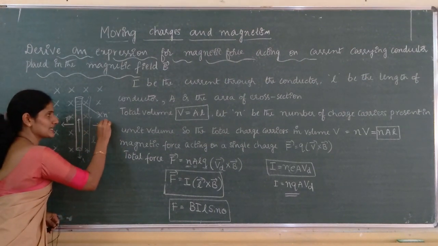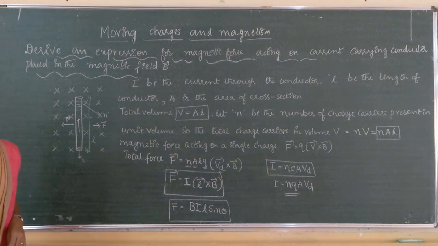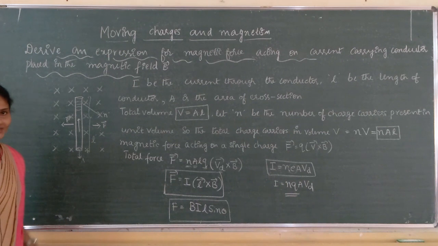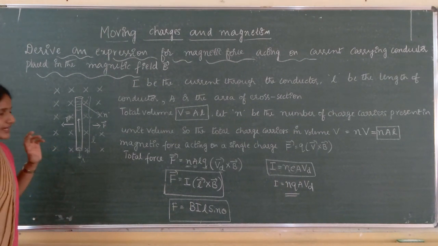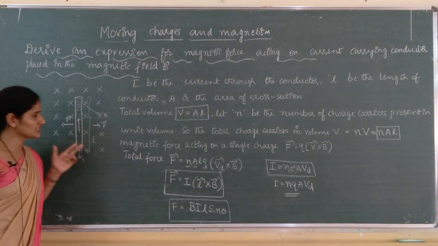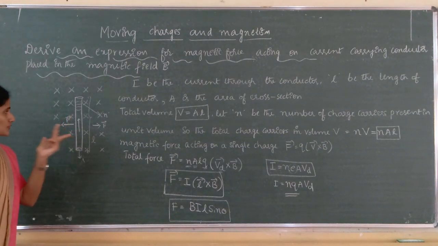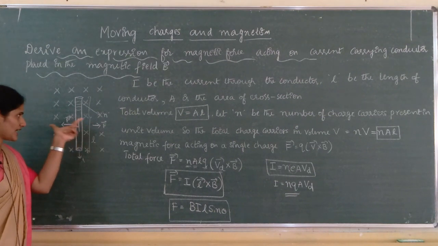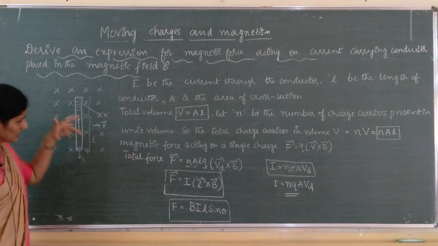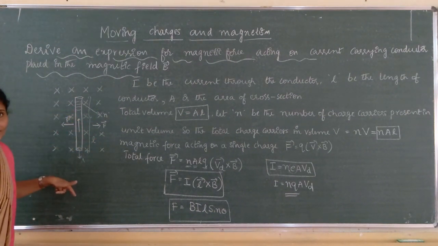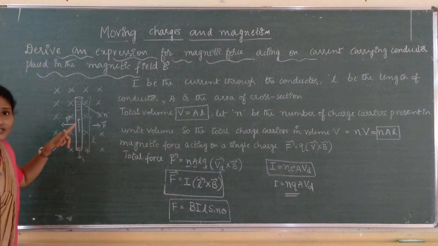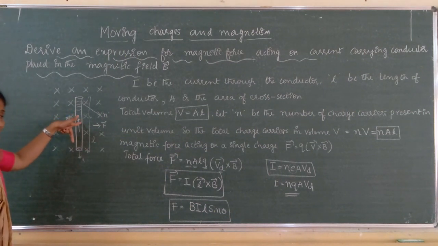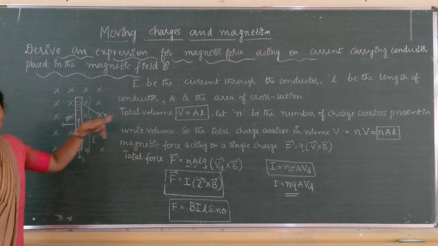So, using Fleming's left hand rule, we can give the direction of magnetic force acting on this conductor. Here we are assuming that the velocity is in upward direction. So, this is the direction of magnetic field, this is the direction of velocity, and this is the direction of force. If the charge carriers are moving in downward direction, the force acts in this direction.